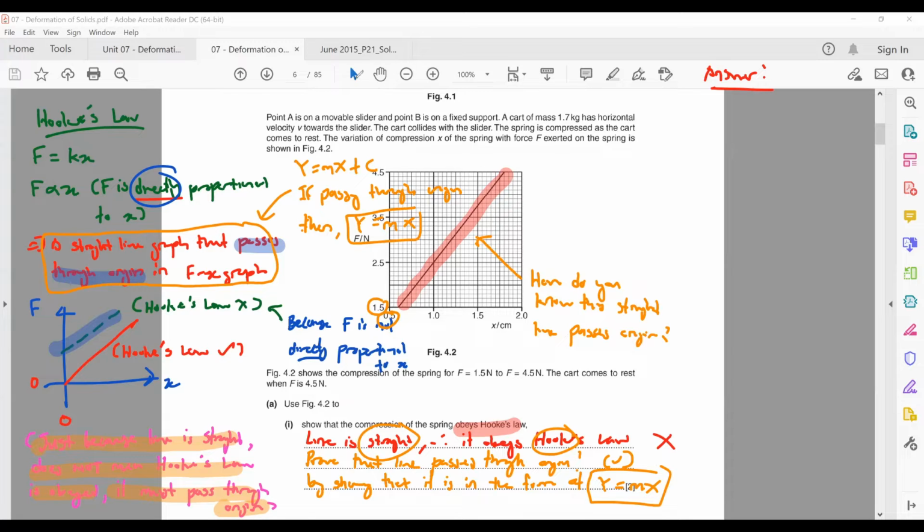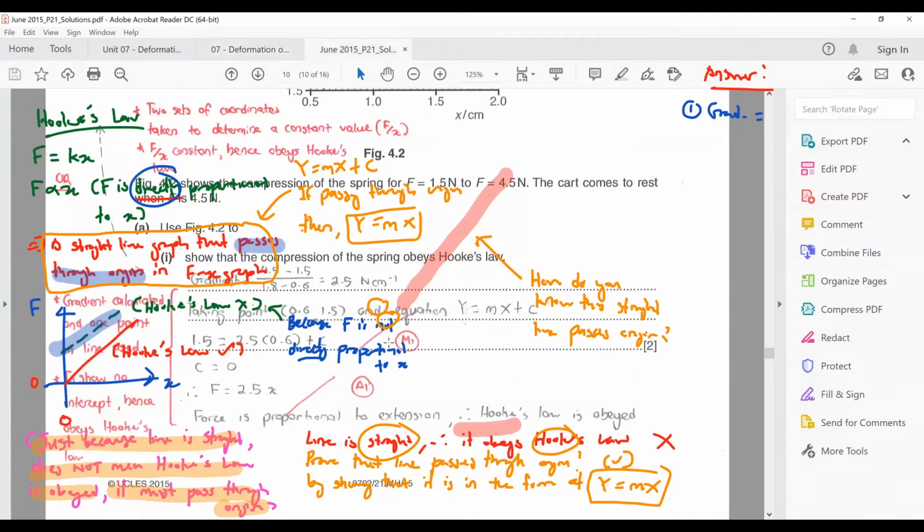So what you do now is that firstly, you can find the gradient. The gradient here, I'm just going to use the values that I have here. Because this is obscure, I'm just going to use the gradient I have here. This one is 4.5 minus 1.5 divided by 1.8 minus 0.6, giving you 2.5 Newton per meter.